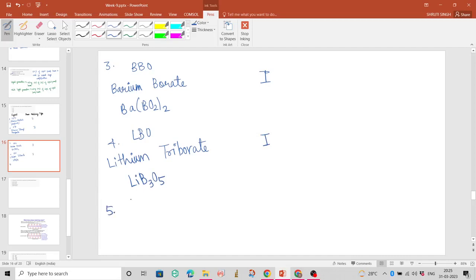The fifth one is lithium niobate with 5% MgO. It also has type 1 phase matching.